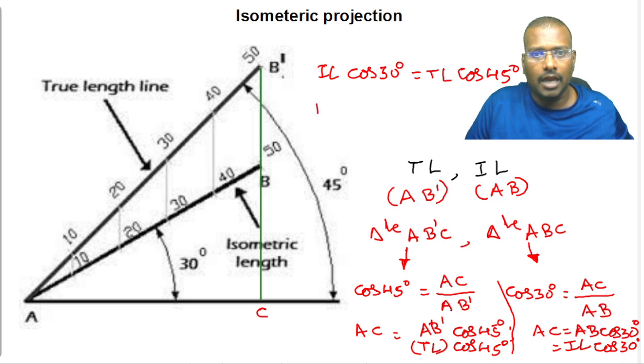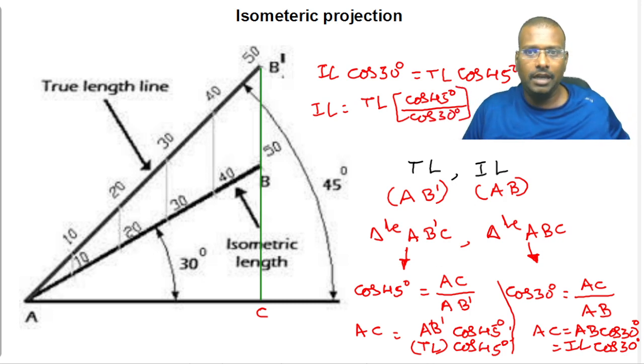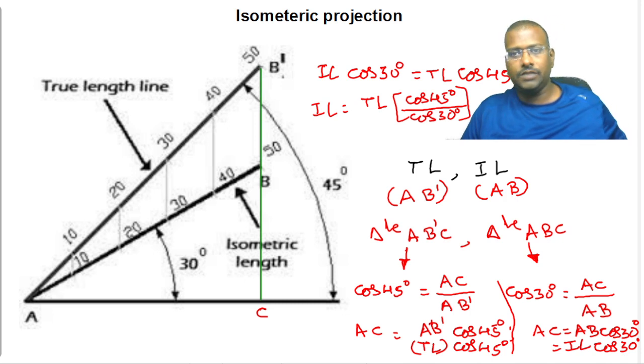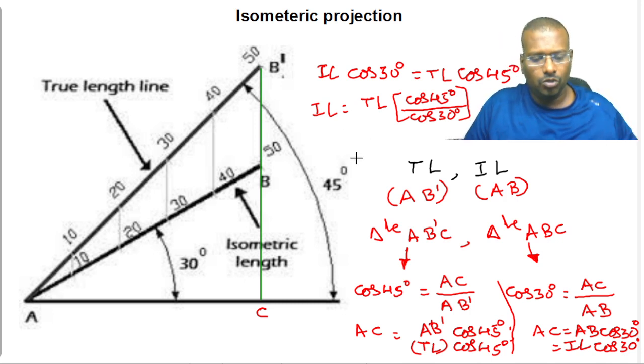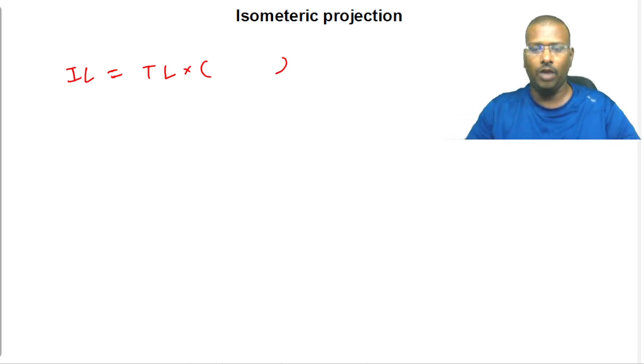So from this, isometric length is equal to true length into cos 45 degrees divided by cos 30 degrees. What is this value? Just calculate and check it out. So from this we can get isometric length is equal to true length into how much value are you going to get?